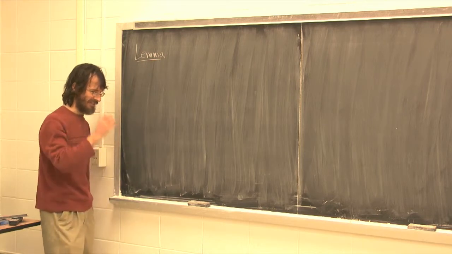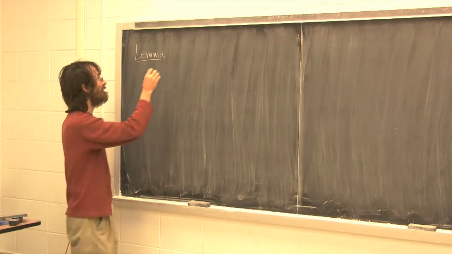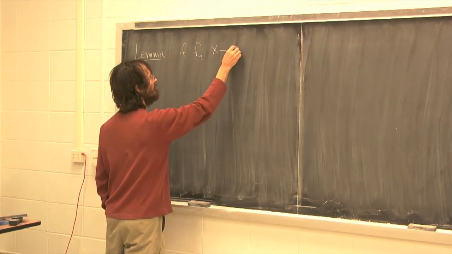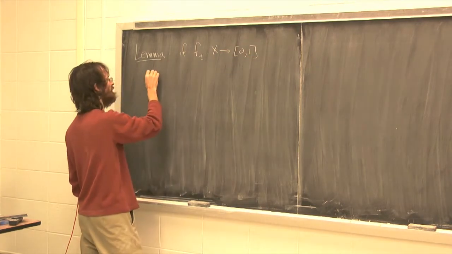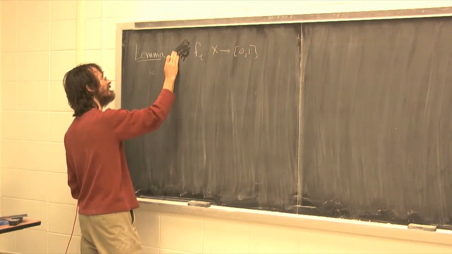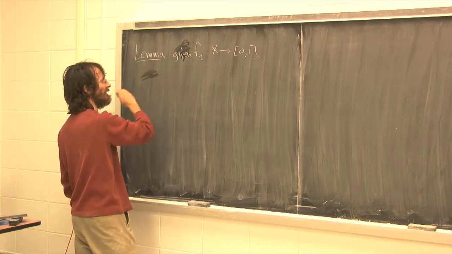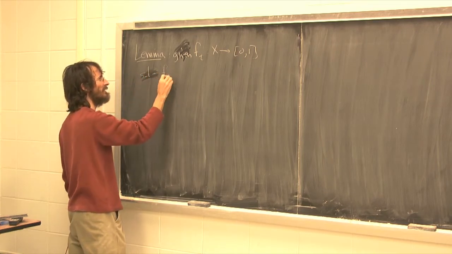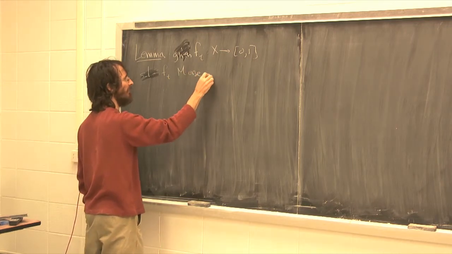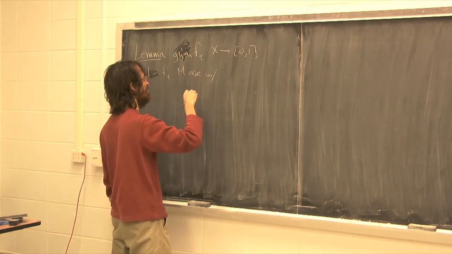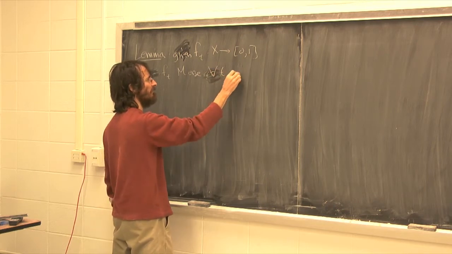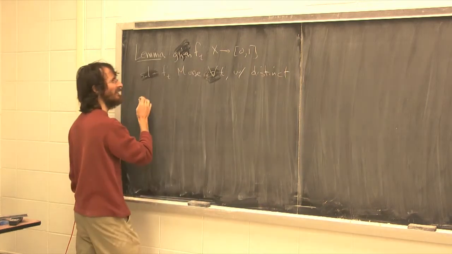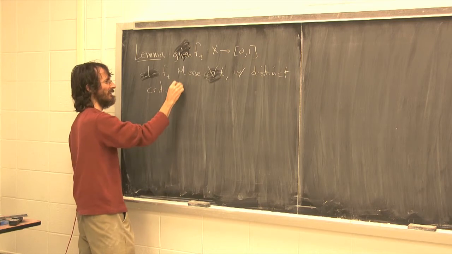I'm going to try to say this fairly carefully: if f_t(x) is a smooth one parameter family, and such that f_t is Morse for all t with distinct critical values for all t, which, depending on your taste, you may include in the definition of Morse, but just to be clear, distinct critical values for all t.